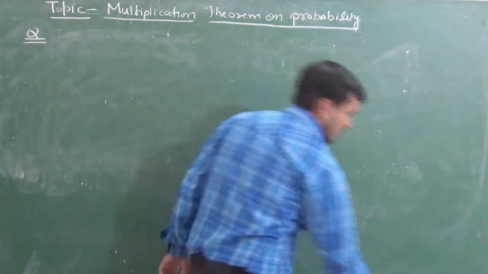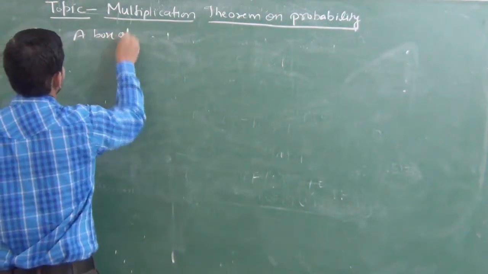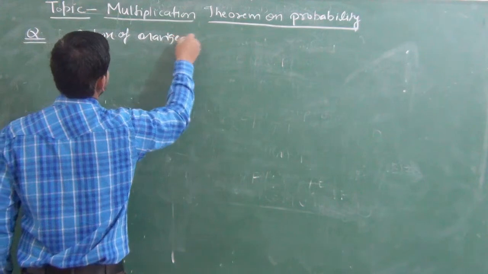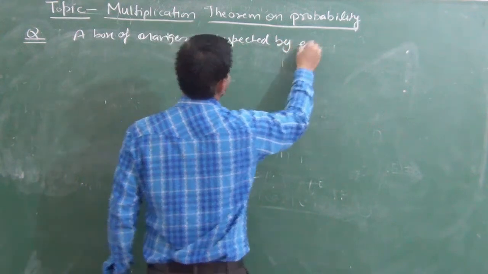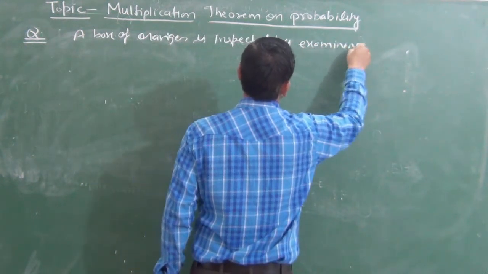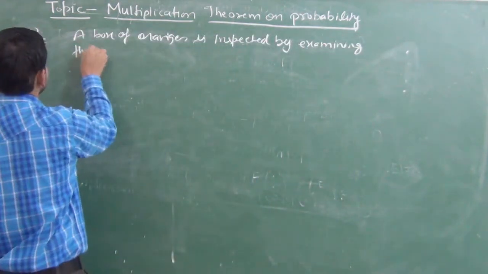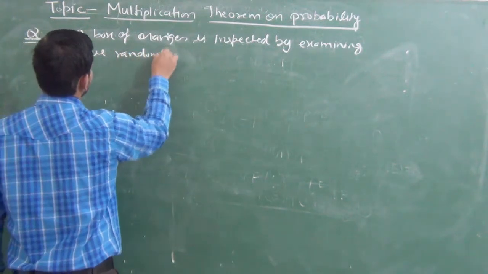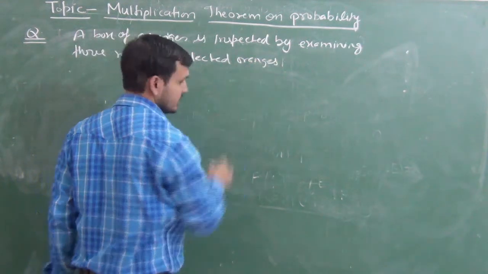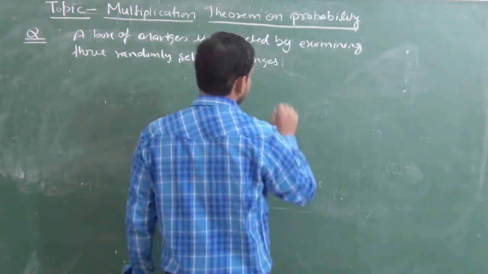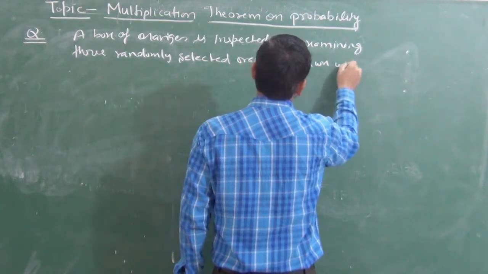Question is, a box of oranges is inspected by examining 3 randomly selected oranges drawn without replacement.